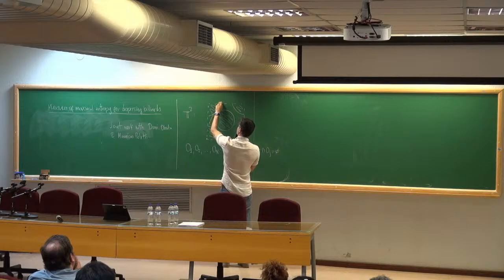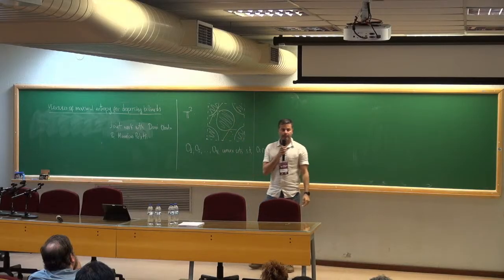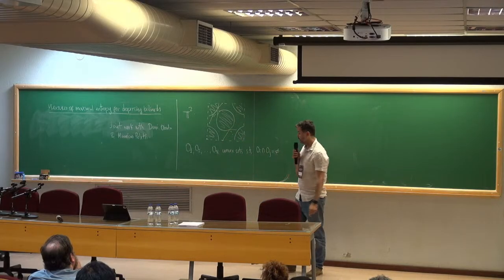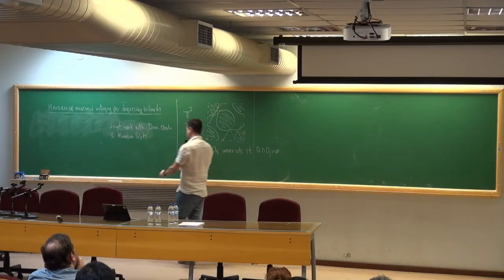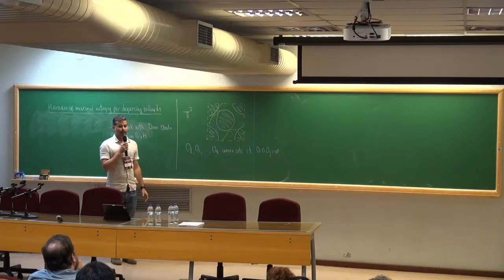Here we have an identification, so it goes down, and then it continues like this, and it gets reflected, and so on. Okay? So this gives rise to a dynamical system which is usually called a billiard flow.